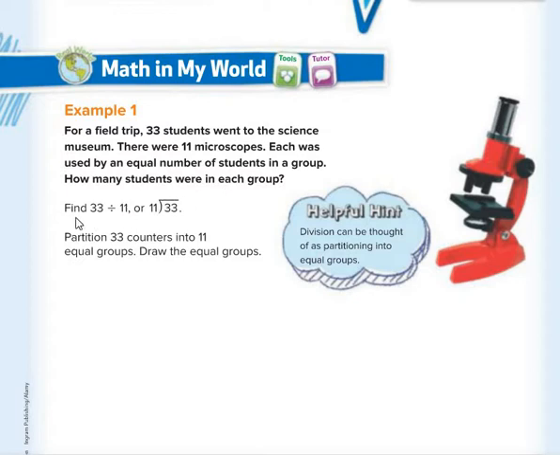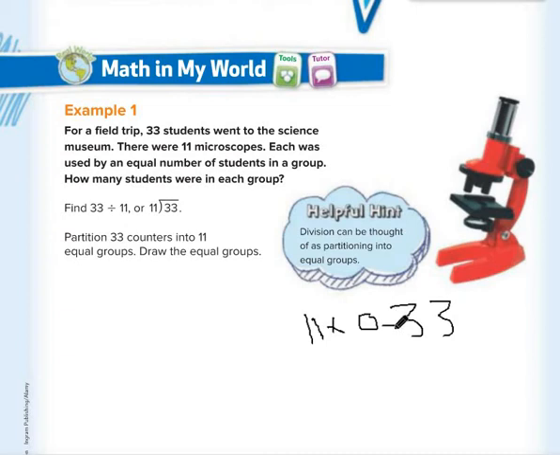To find that, we have to find 33 divided by 11, or of course we can use this symbol. To solve this problem, we can use any of the strategies that we have learned before. We can use a known fact or a related multiplication fact like 11 multiplied by something equals 33.